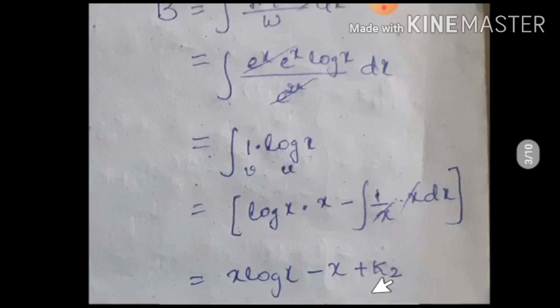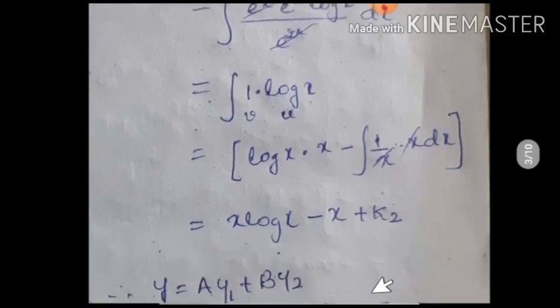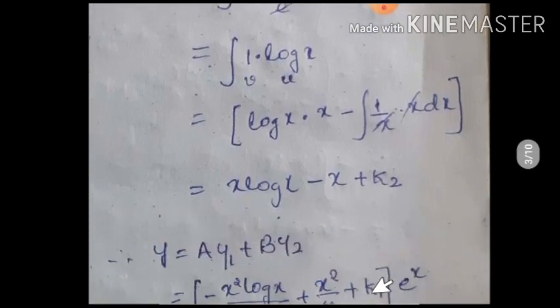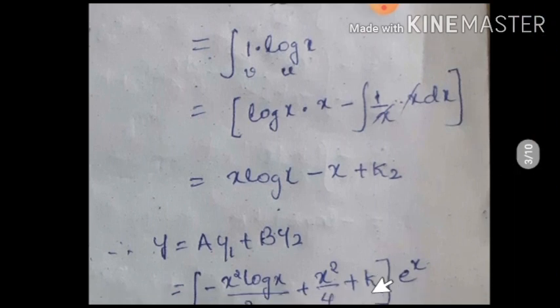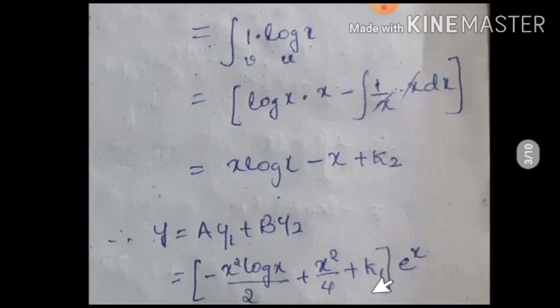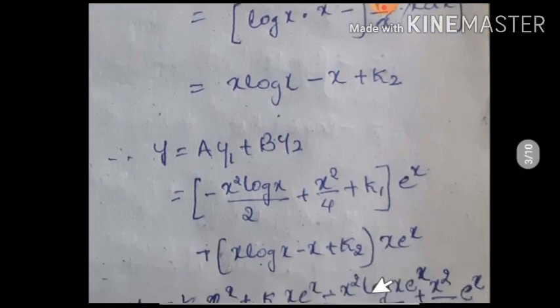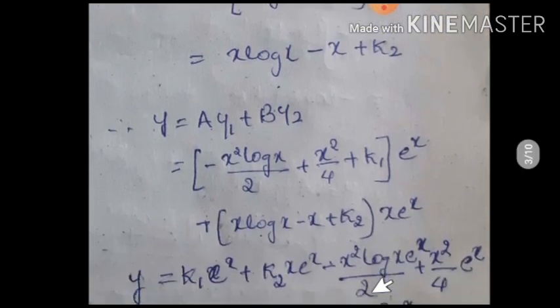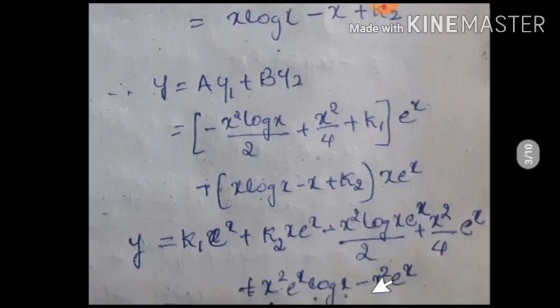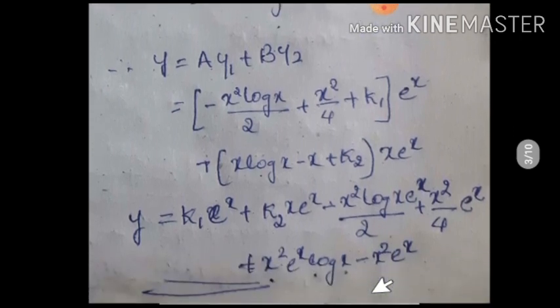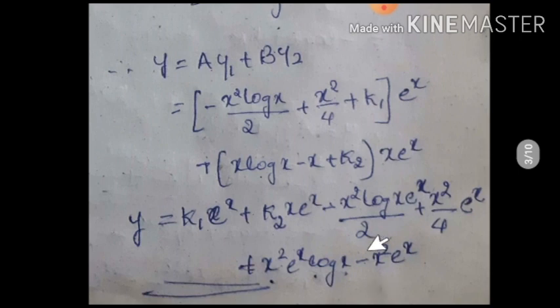So after finding a and b, find the complete solution from the variation of parameter method. What is the complete solution? a y1 plus b y2. So substituted a value into y1, multiplied e to the power of x, then substituted b value, then multiplied y2, x into e to the power of x. Then open the bracket.